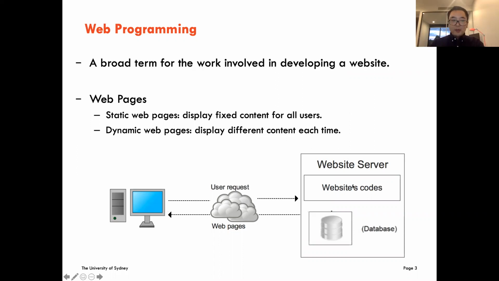And then when the code gets the results, it will send them back to the user, and the results will be showing up in the web browser or the mobile application. That's the very, very high level interaction between a client and the server. But we're going to have another, more detailed interaction between them, and then we'll break them down into smaller steps.